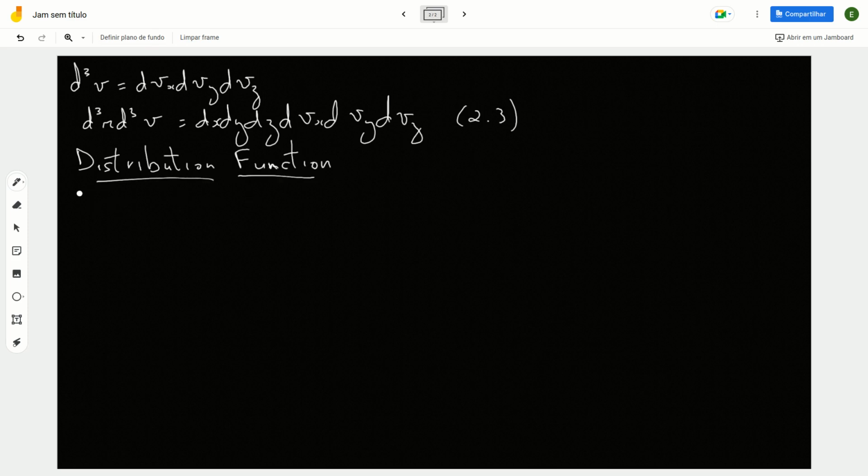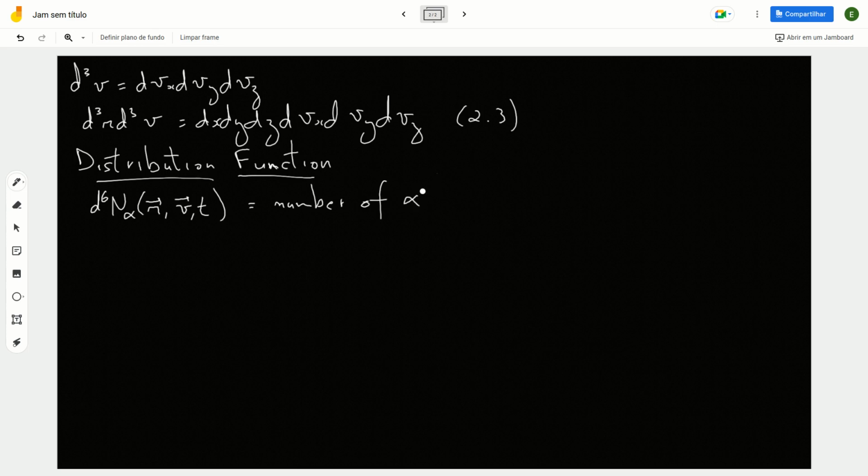In kinetic theory, everything goes around this one concept. Let's first define what is d6N_alpha. It's a function of position, velocity, and time. This is just the number of alpha particles, actually, because in the plasma we'll have more than one particle.